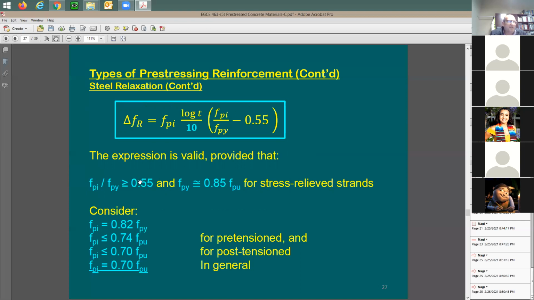So this equation is valid when FPI divided by FPY is more than 55%. And people in this industry decide to use maybe 85%. I personally used 82% in my analysis for the 189, which is about 70% of FPU. So we have good room. We're not going to be snapping the cables for any overloads.